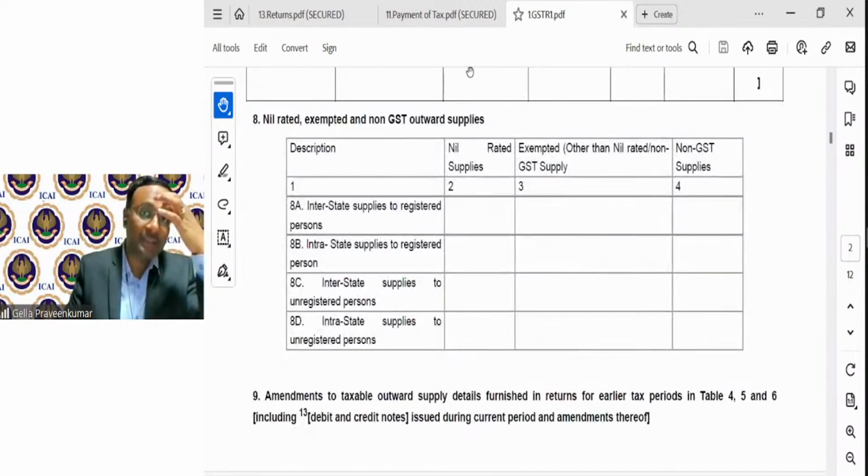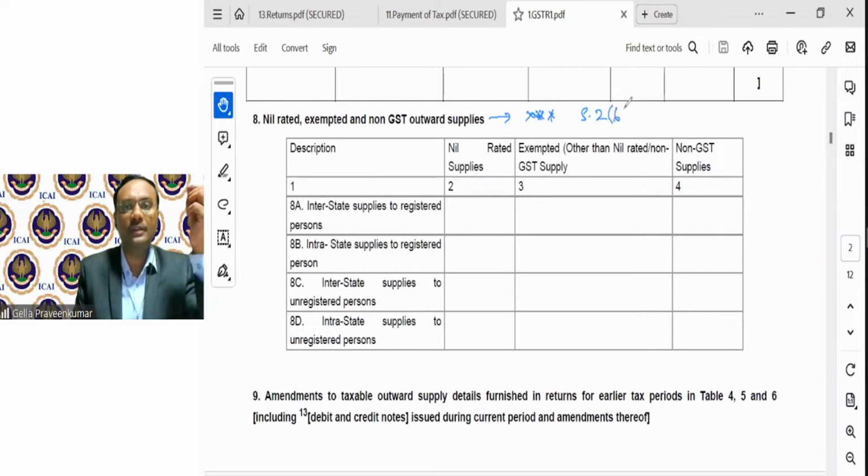Table number 8. Now, this is important data. This is important for the purpose of Section 2, Clause 6, which deals with your annual turnover. You remember, for Section 22, which dealt with registration, I need you to calculate annual turnover under Section 2, Clause 6.